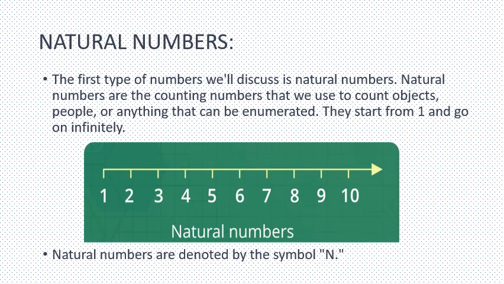The first type of numbers we will discuss is the natural numbers. The natural numbers are the counting numbers that we use to count objects, people, or anything that can be enumerated.